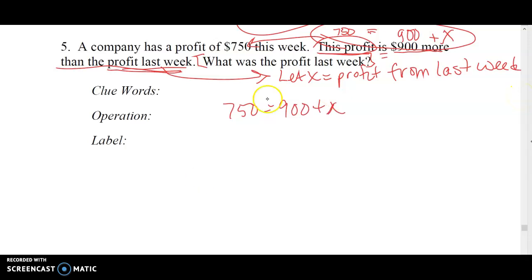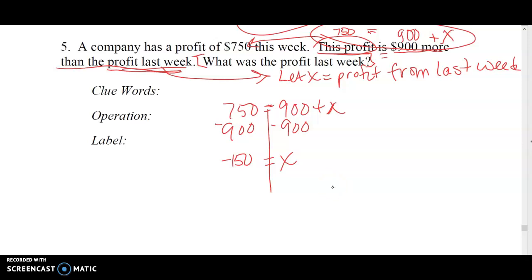So 750 equals 900 plus X. So minus 900 from both sides because you want to get your X by itself. And we're going to see that it's negative 150 equals X. So what's that mean? It means that last week's profit was negative. They didn't actually make a profit in this one.